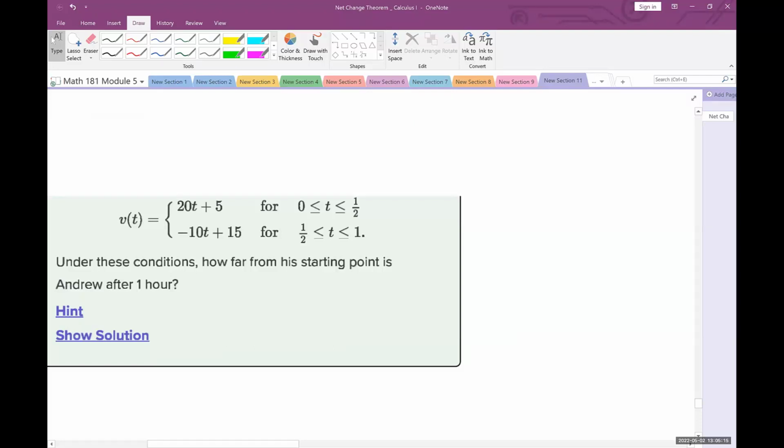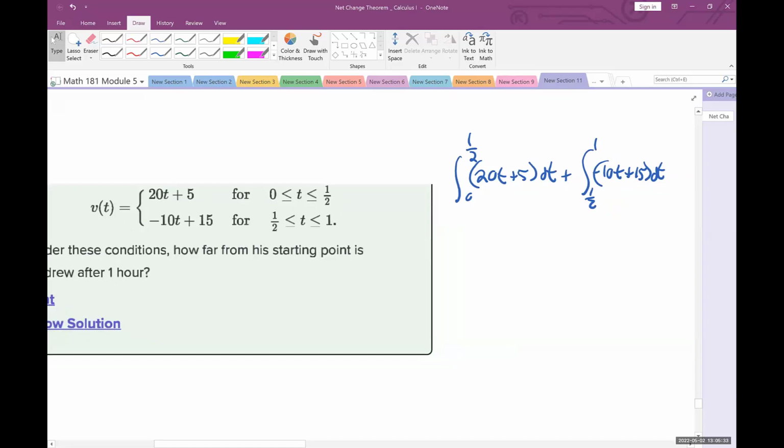So we look at two parts, the integral from 0 to 1/2 of 20t plus 5, and then the integral from 1/2 to 1 of negative 10t plus 15. So two integrals. What's the first one going to be?